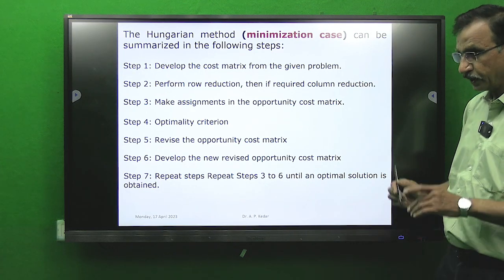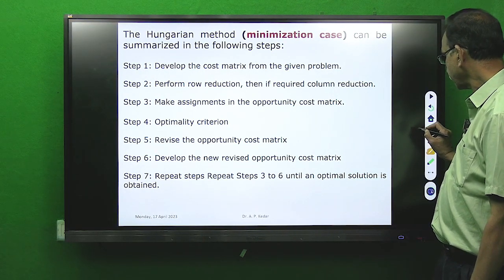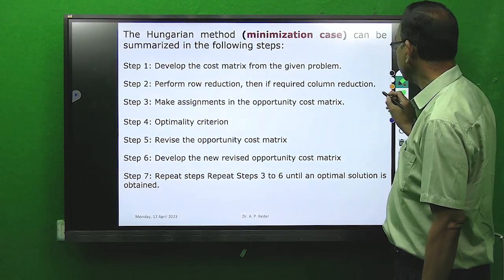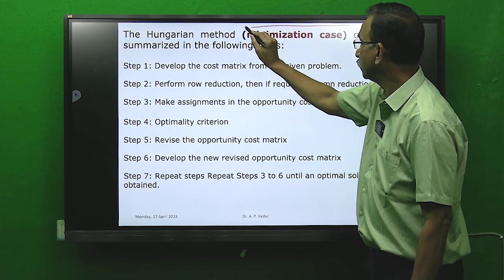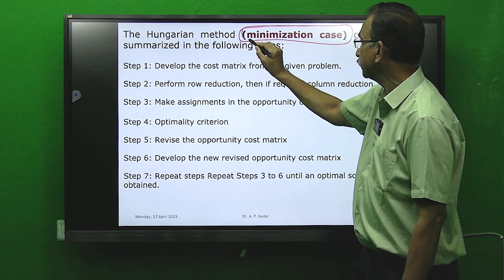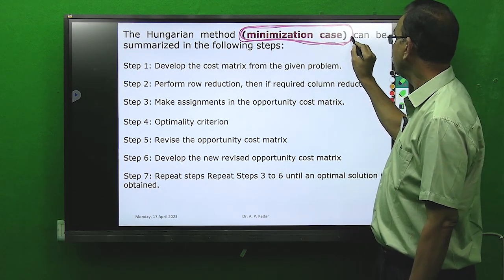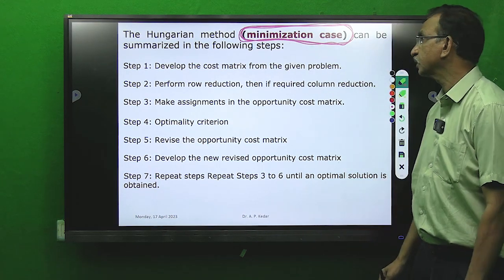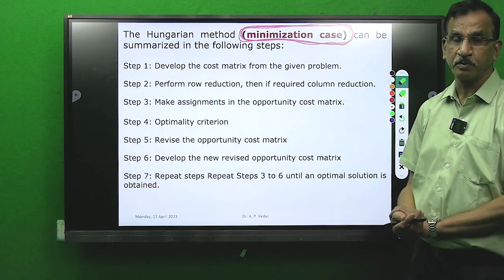Now again I will remind you, to avoid confusion, we'll be understanding the concept and all important aspects related to the maximization type of assignment problem and the minimization type of assignment problem.